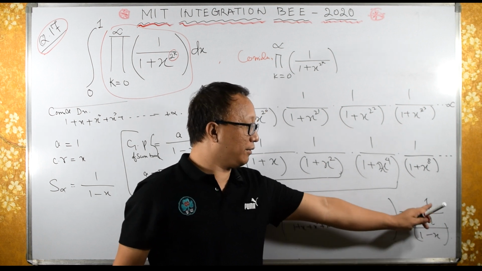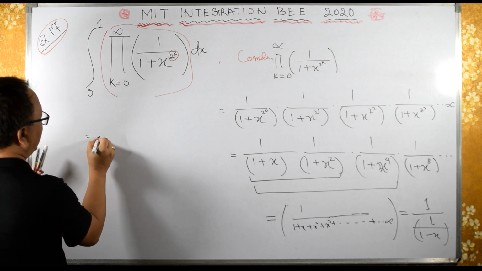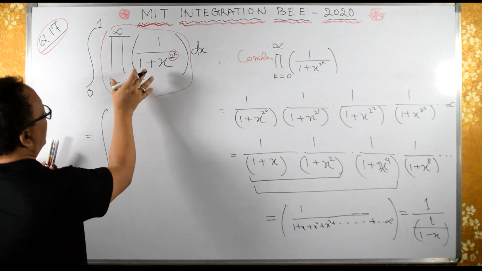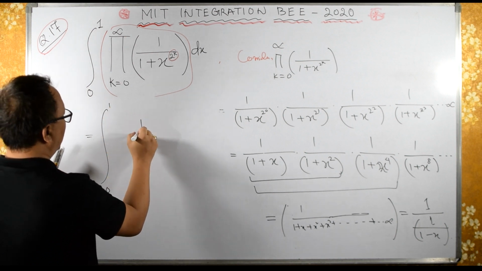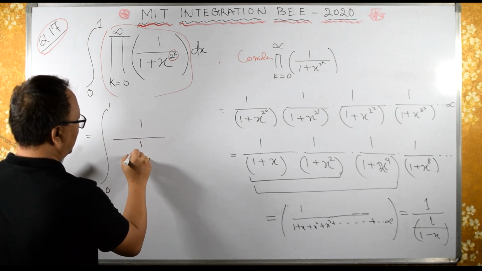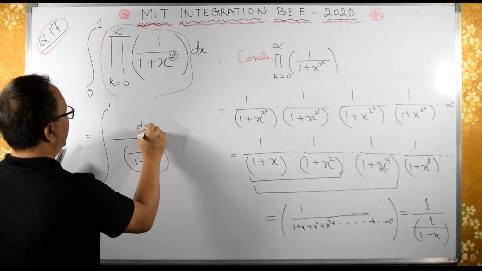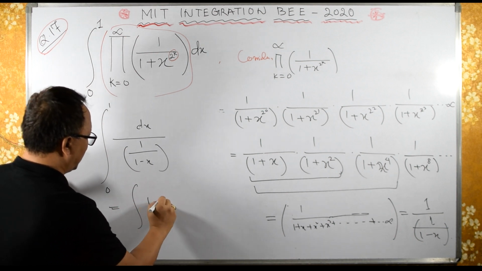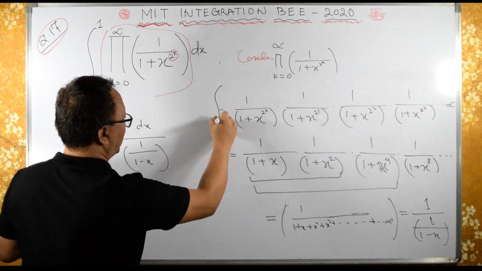So the 1 upon 1 minus x in the denominator can be sent up to the numerator. So the integral is equal to the integral from 0 to 1 of 1 upon 1 by 1 minus x into dx, so I can send this up, which is the integral from 0 to 1 of 1 minus x dx.